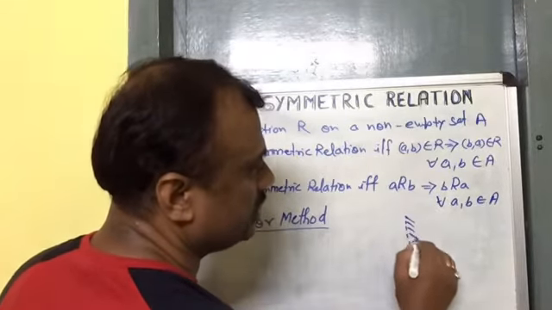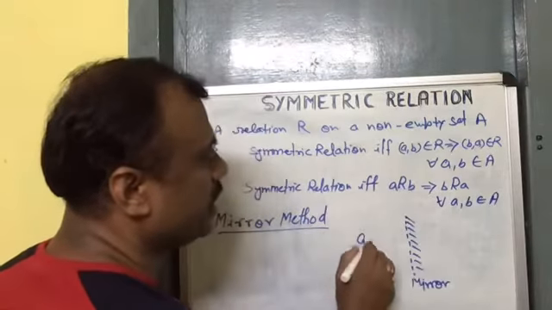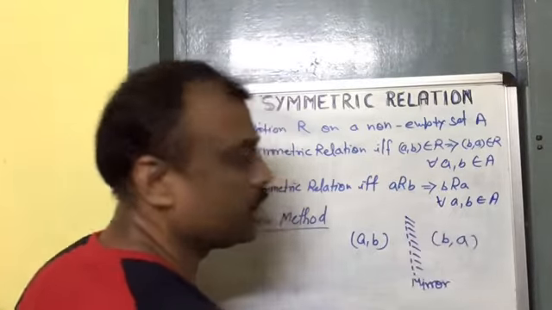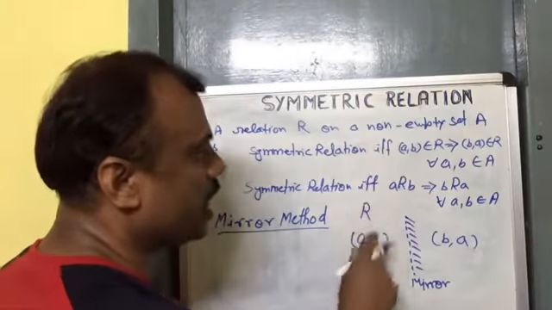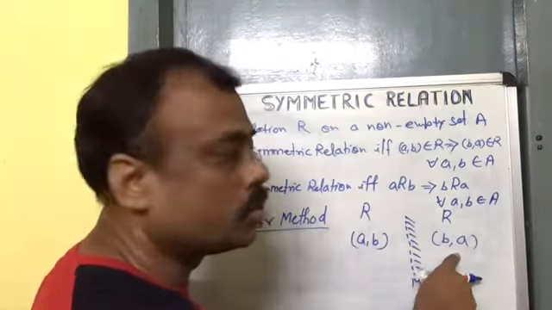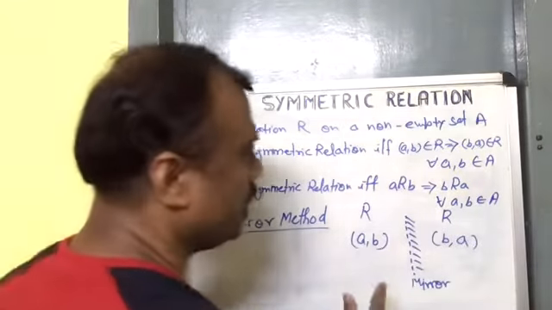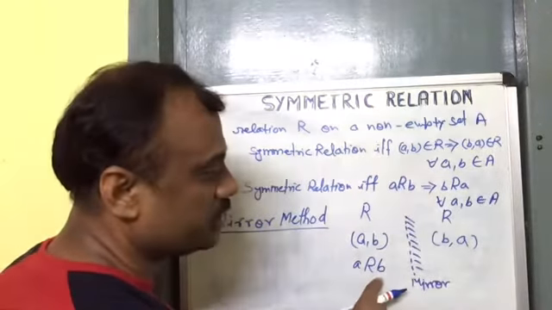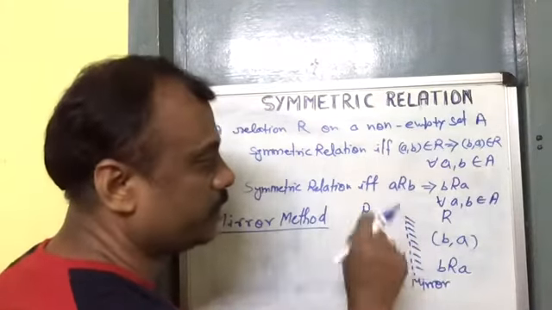If I take a mirror and there is an element (a, b), its image will be (b, a) by the property of the mirror. So if relation R has the element (a, b), it must have the element (b, a) also, and then we can say relation R is symmetric. Or you can write a related with b, so its mirror image will be b related with a.